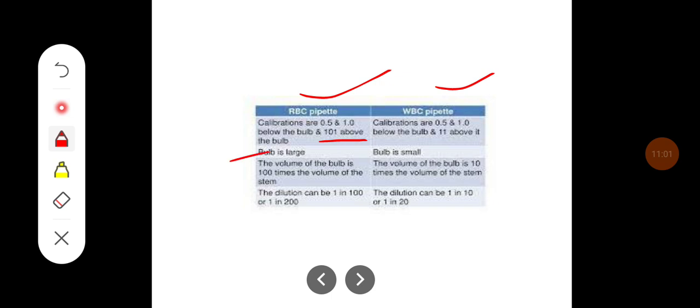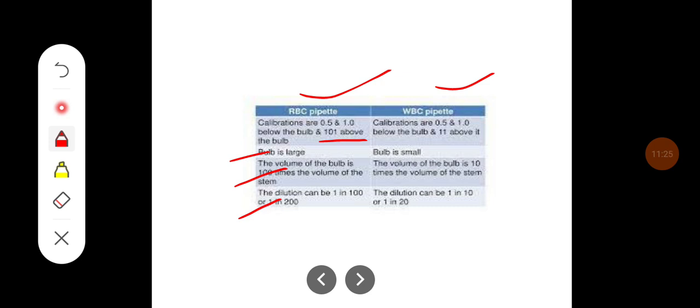The bulb is larger here. The volume of the bulb is 100 times the volume of the stem. So the dilution in the RBC pipette can be 1 in 100 or 1 in 200, when you take the blood up to the mark of 1 and 0.5 respectively.